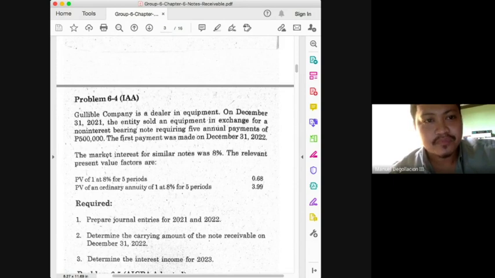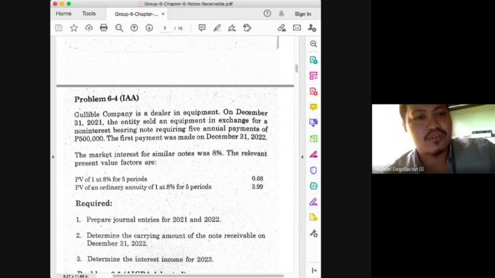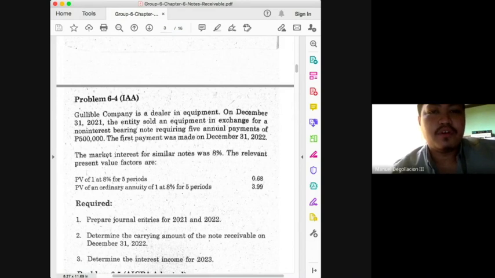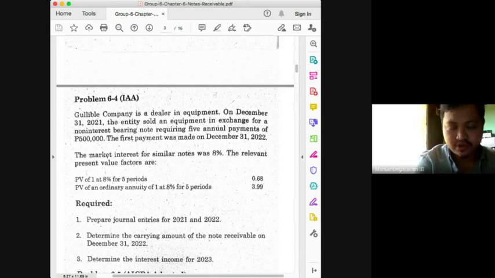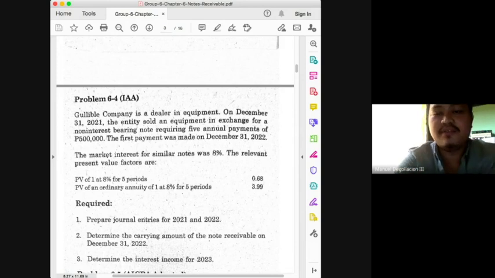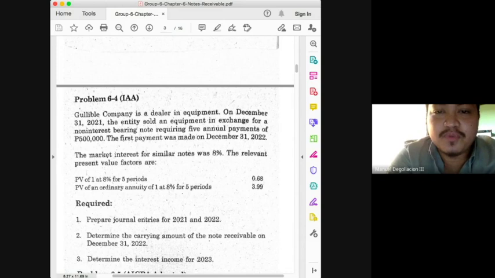So there has to be gradual recognition of the total interest that you expect to receive from this transaction. For the first year, no need to prepare adjusting entries because the date of the transaction falls on the last day of the reporting period as well. So no portion of the interest has been earned yet.